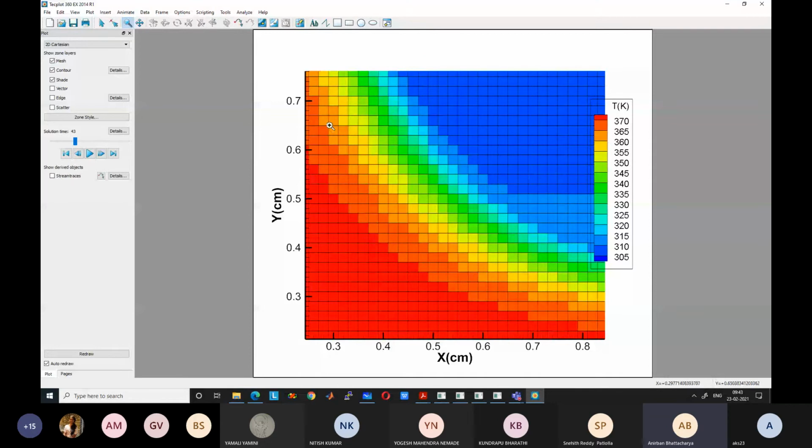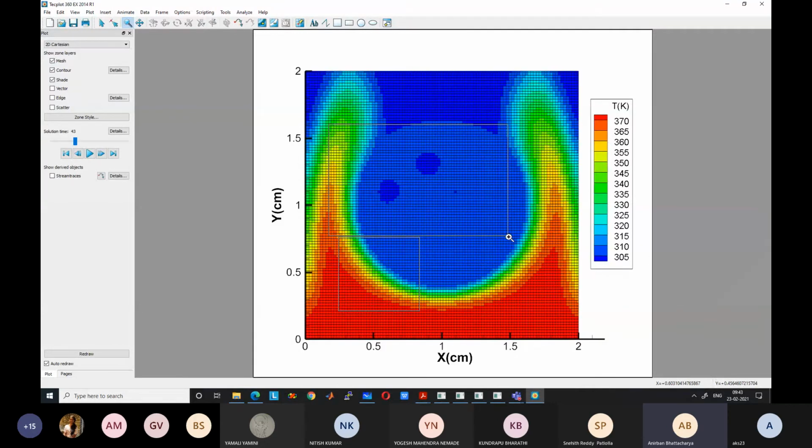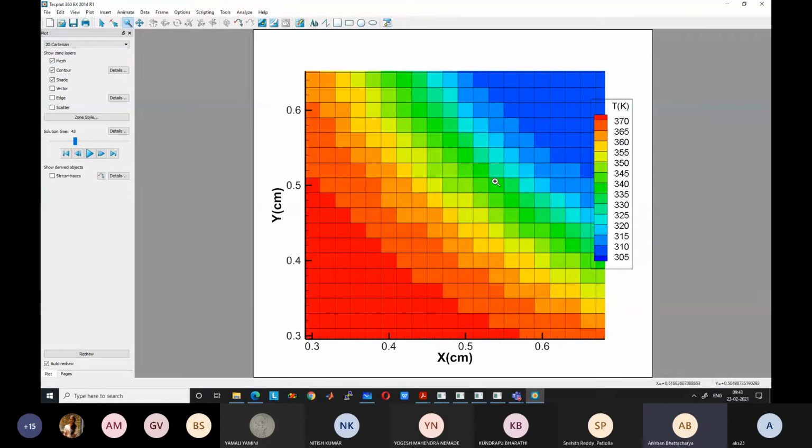The temperature within each control volume is not going to change. It is represented by a single value, like a pixel. The next control volume will have a different temperature value, and the next one also, like this. Each of them is represented in the code by its grid point value, and for the entire control volume, the temperature is equal to the grid point value.